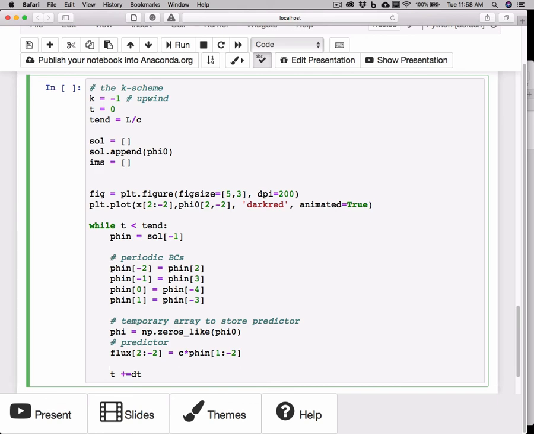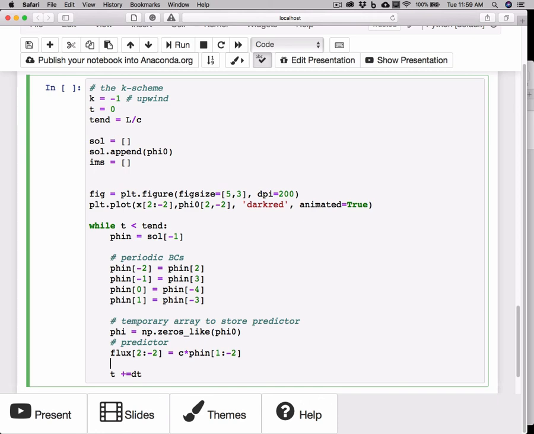And now we do the predictor update, which is phi n plus half is phi n minus delta t over 2 delta x times the difference in fluxes, right? And the fluxes already contain the velocity, so you have only dt over dx.